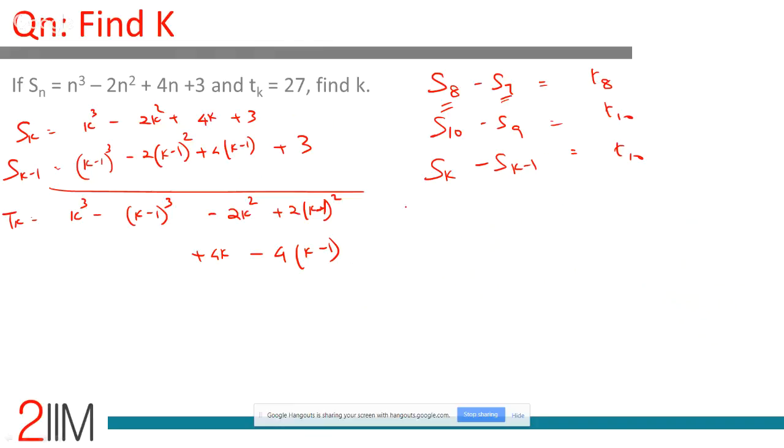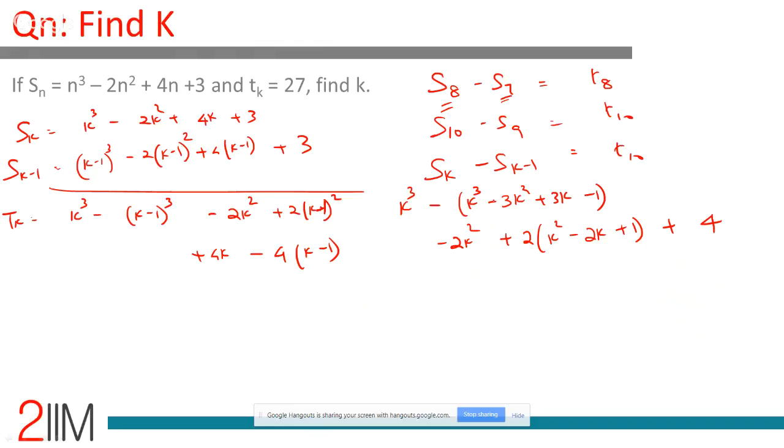So I'm going to expand this. This is k cube minus k minus 1 whole cube, minus of k cube minus 3k square plus 3k minus 1, minus 2k square plus 2k square minus 2k plus 1, plus 4k minus 4k plus 4.